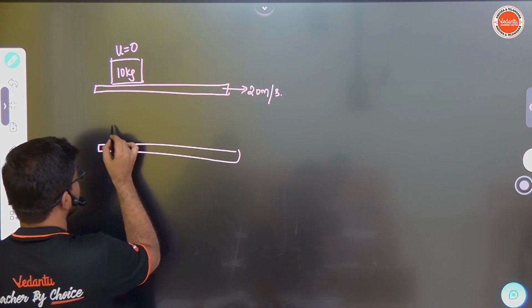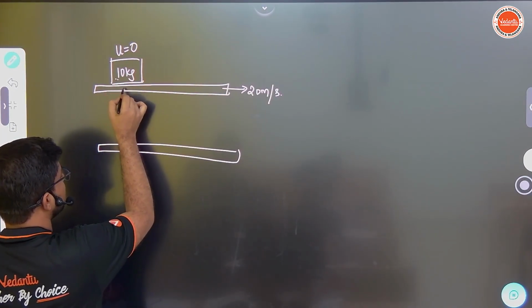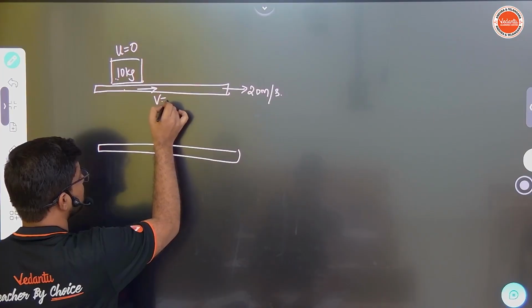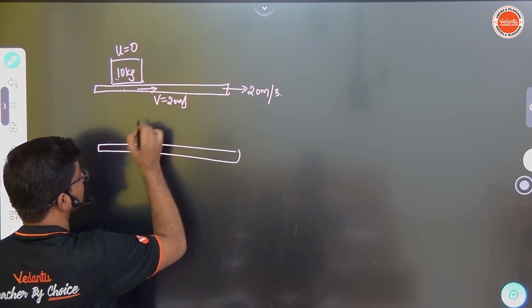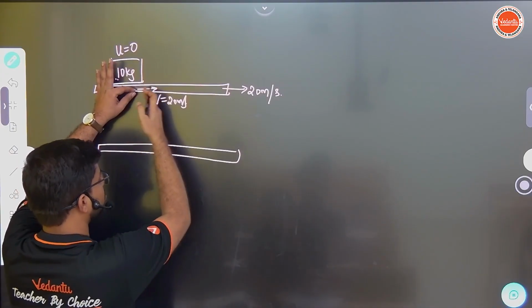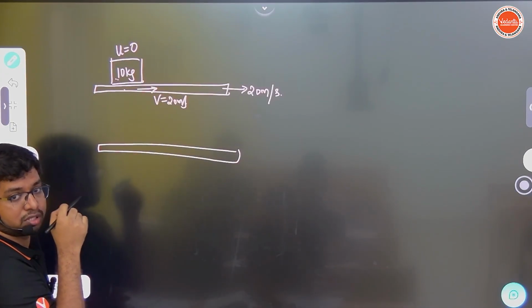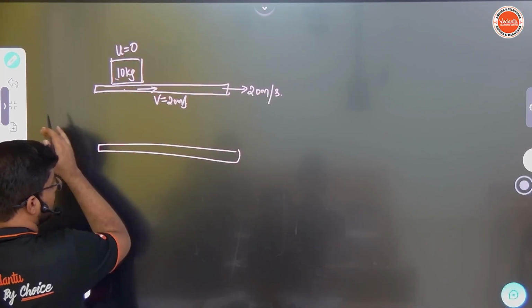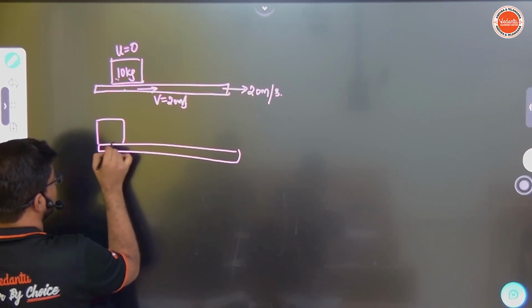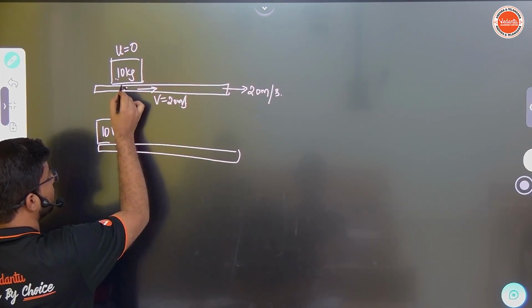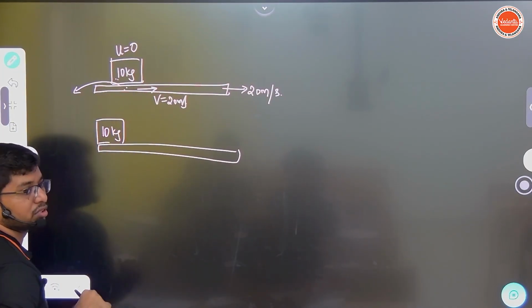So this will slip on the belt because its velocity is 0, but this point is moving with a velocity of 20 meters per second. That means the point over here will move forward, which means the block will be pushed backwards. With respect to the belt, it will move in the backward direction, right? So then what is the nature of the friction over here?